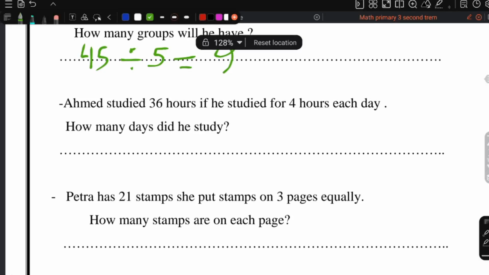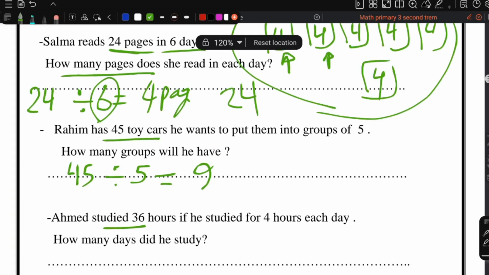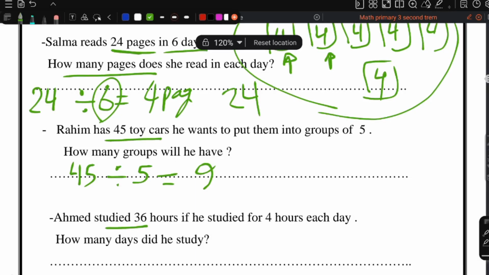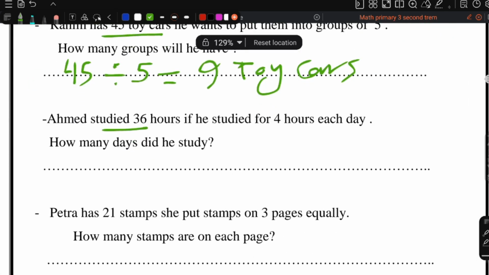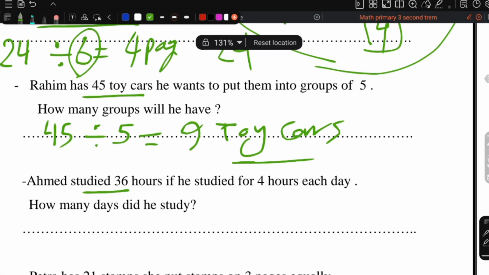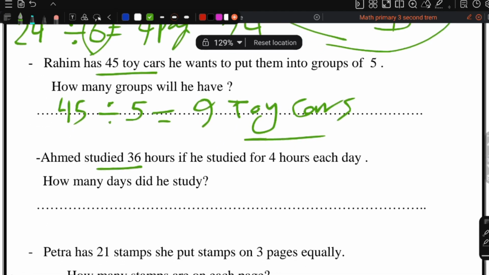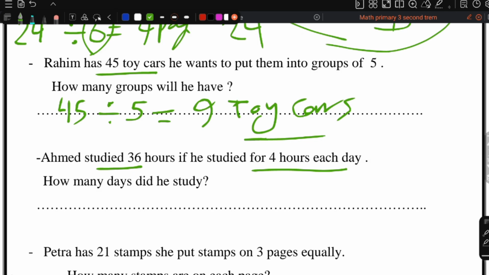If we go to the next question, Ahmed studied 36 hours. Sorry, I forgot something: 9 toy cars. Okay, I have to write it. Don't forget it. Ahmed studied 36 hours. If he studied 4 hours each day, how many days did he study to reach 36 hours? So in total he studied 36 hours, and in the next sentence he says that he studied 4 hours in each day.